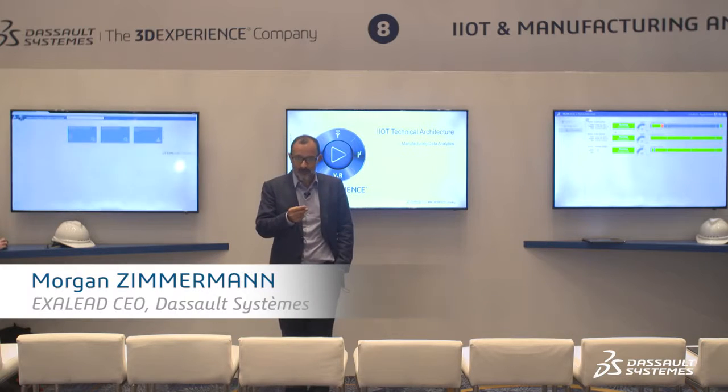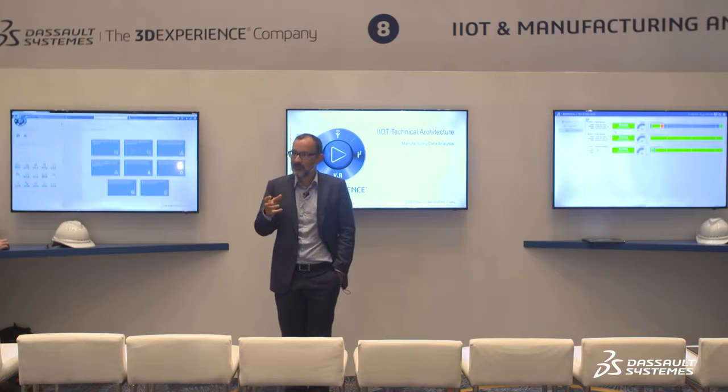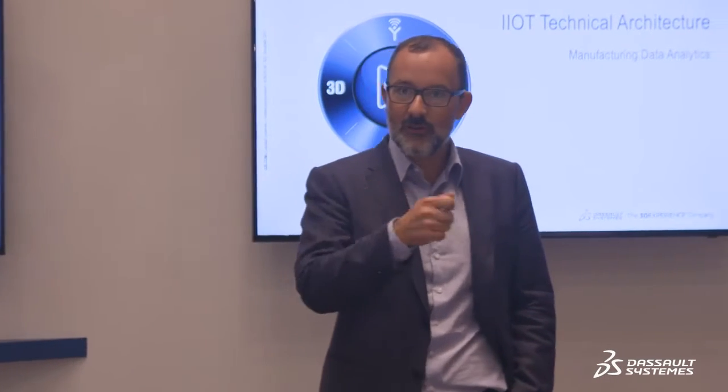Most of our customers already have connected devices in the factories, whether this is machines, sensors, RFIDs, AGVs, and they use it to have greater visibility throughout the manufacturing process, or of course they use it for the safety of the operators.